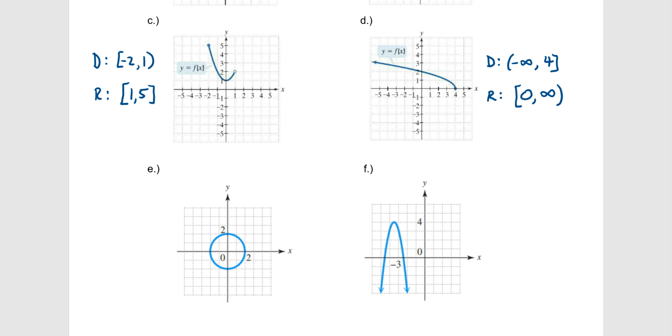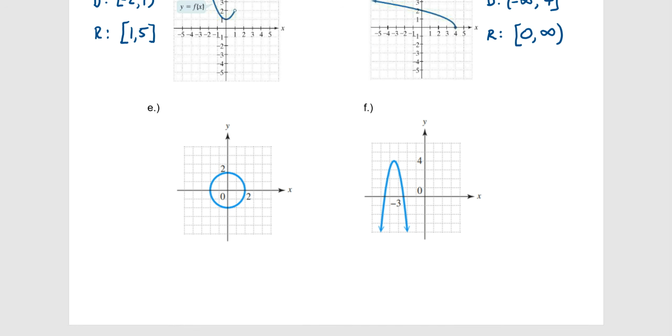Okay, now for these two down here for letter E for the domain. Domain left to right. It starts right here and ends right here. And that looks like it goes from -2 to +2 in terms of the x values. And they're both going to get brackets because they're both cutting through those points.